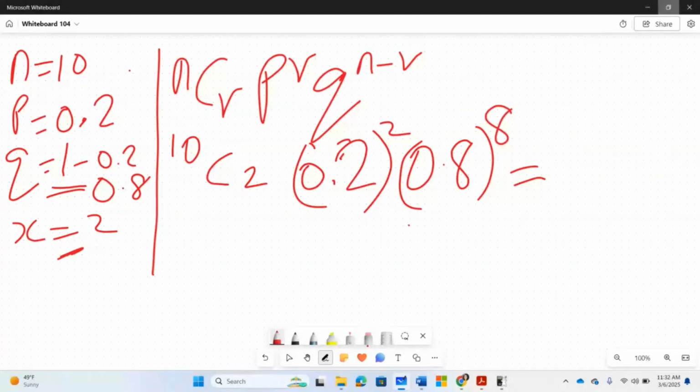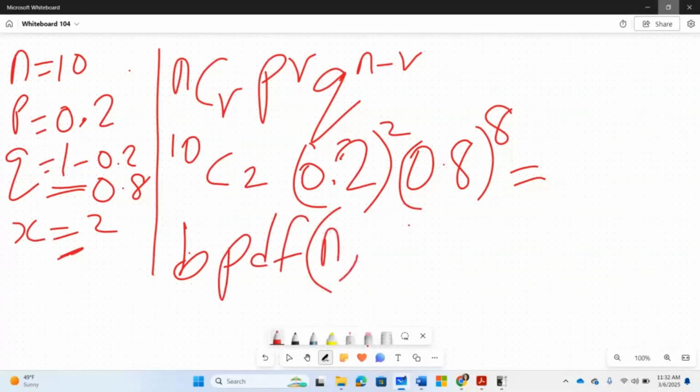If I'm using the calculator, I'll do binomial PDF because it's a single probability. That's why I'm doing binomial PDF. The arguments are n, comma, success p, and r. P is the probability of success. R is the random variable.